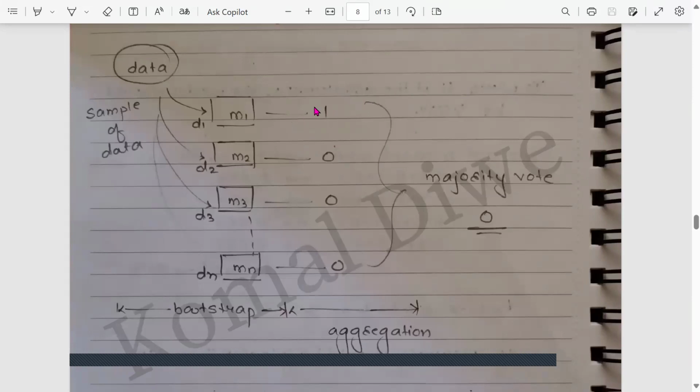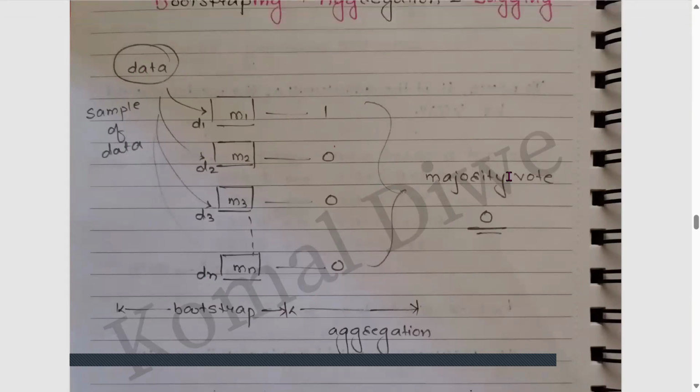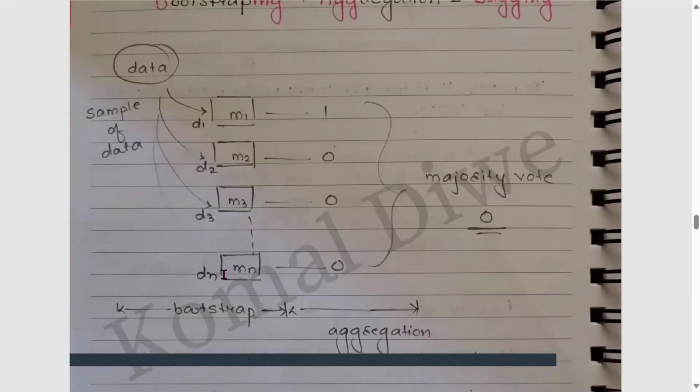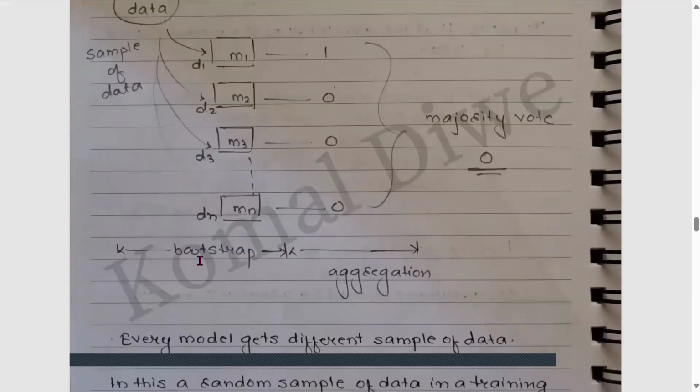For example, they have assumed this example of classification: 1, 0, 0, 1, and then by majority vote we get 0. This is the majority vote, we get 0.